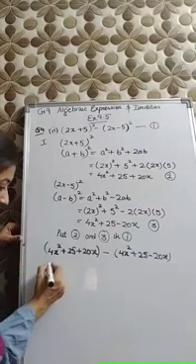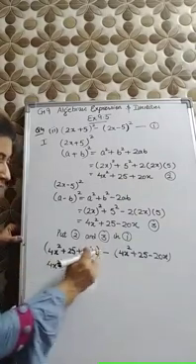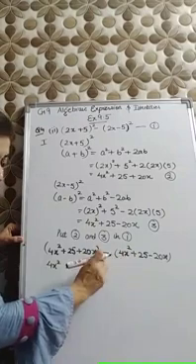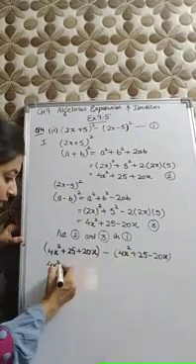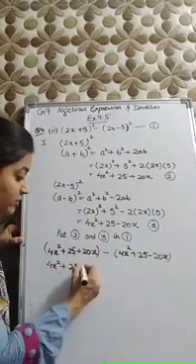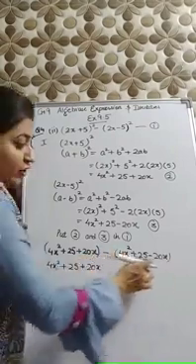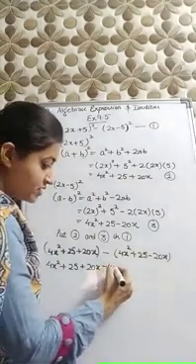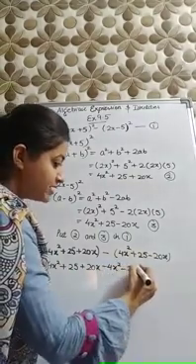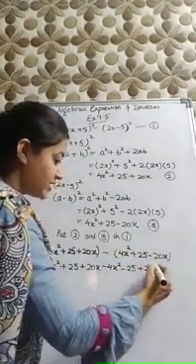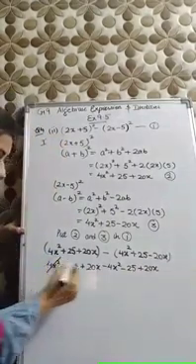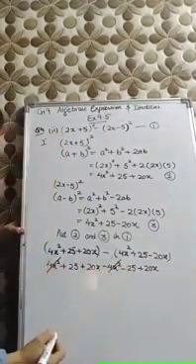Now open the bracket. As you can see, between the two brackets we have a minus sign. So let's open the bracket and change the sign, because whenever a negative sign is there in between, the signs of the second term will be changed. This is 4x square, this is minus 25, this is 20x. 4x square and minus 4x square will cancel out.